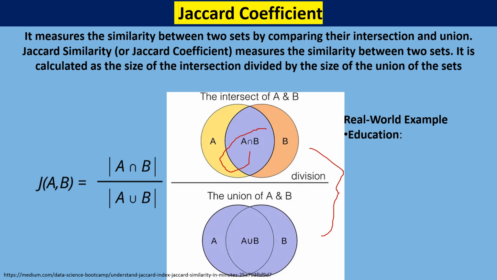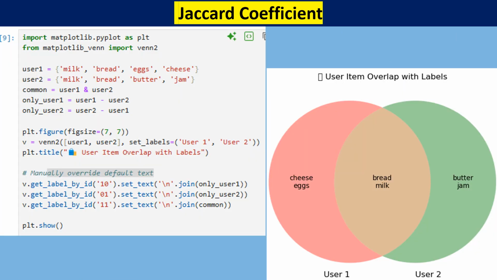Real-world examples: in education, correlating study hours and exam scores; in economics, economic level and spending behavior; in health, daily sugar intake and blood sugar levels. In this example, we have two users, user one and user two.